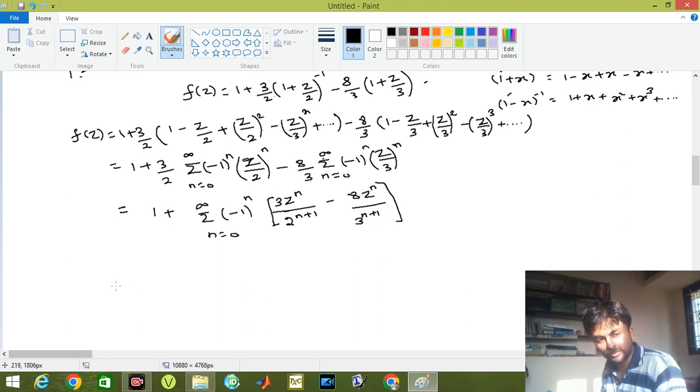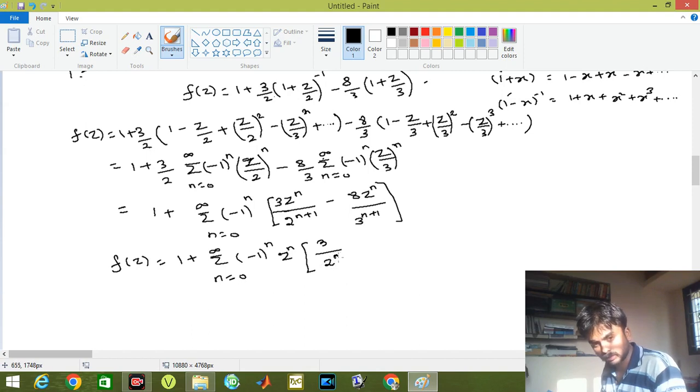Simplifying further, f of z equals 1 plus summation n equal to 0 to infinity of minus 1 power n, z power n into (3 divided by 2 power n plus 1 minus 8 divided by 3 power n plus 1). So this is our required expansion.